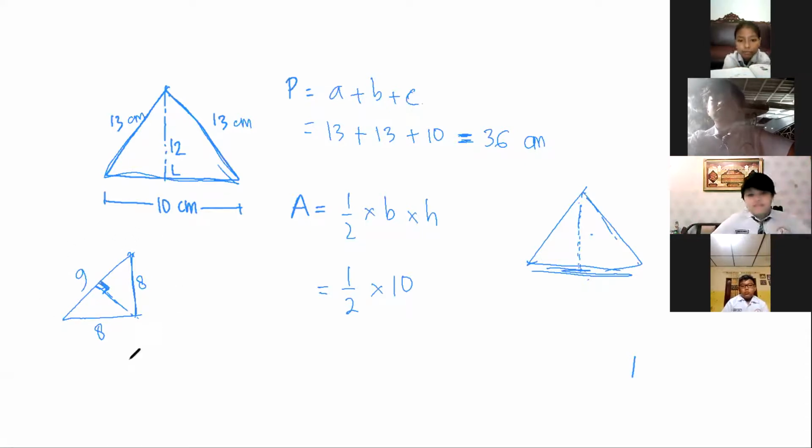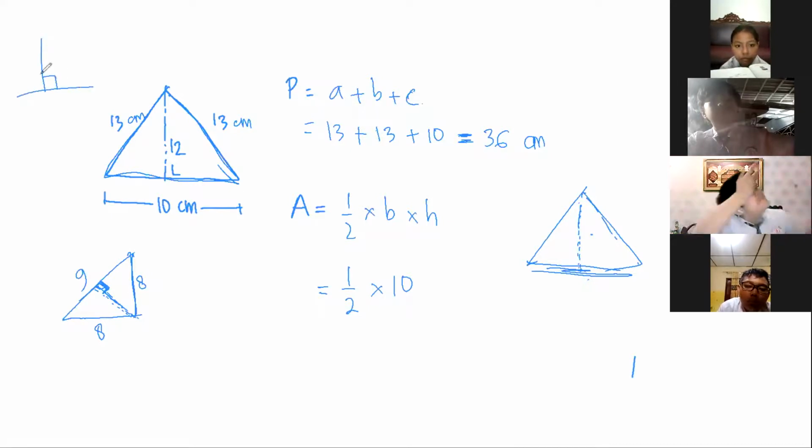Kalau di gambar yang ini, Miss buatkan tegak lurusnya tingginya yang di sini. Berarti yang tegak lurus sama garis tinggi ini, itulah si base. Tegak lurus itu artinya gini ya sayang ya. Ada tanda ininya. Artinya ukuran sudutnya itu, the angle is 90 degrees, 90 derajat.